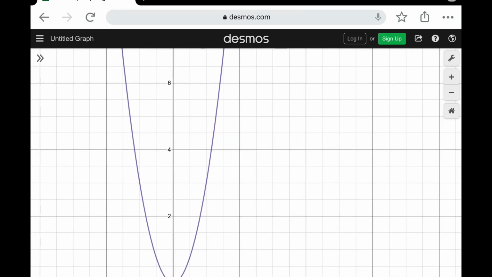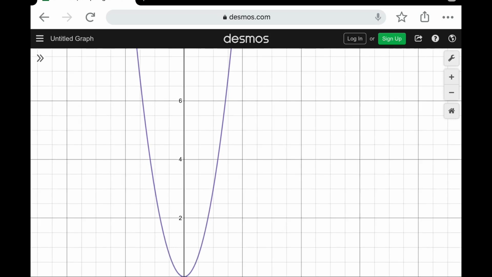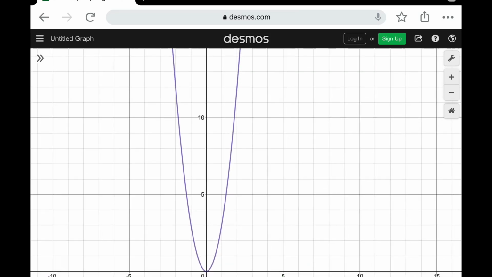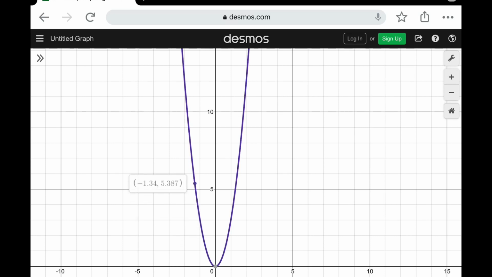Let's see, what kind of numbers are we working with? Let's try to find whole numbers for our ordered pair. -2, 12.